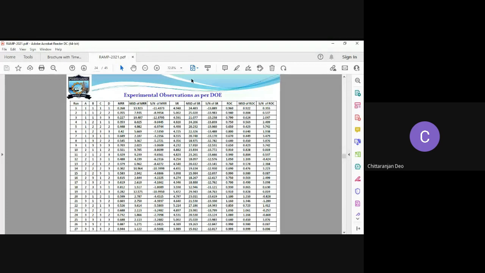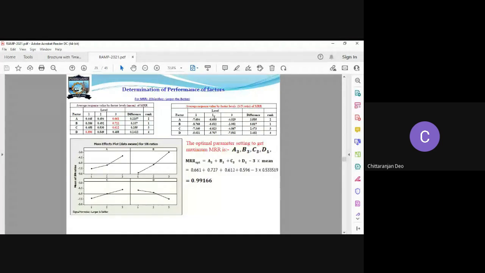Once we calculate this SN ratio, then we have gone for the ANOVA analysis, and according to that, first we try to get the optimal setting for the metal removal rate, and by this ANOVA we calculate and rank the different factors.